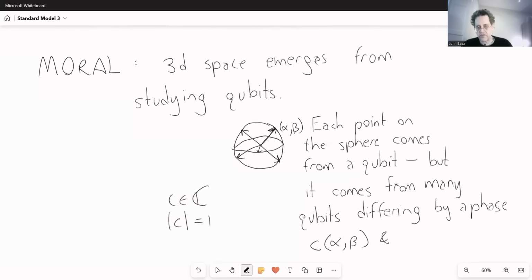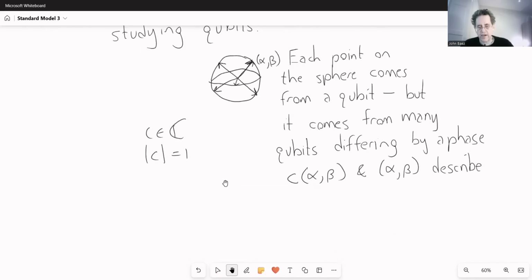So C times alpha beta, and also just plain old alpha beta, both describe an electron whose spin is pointing the same way.